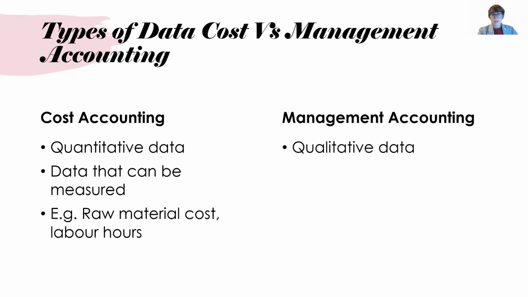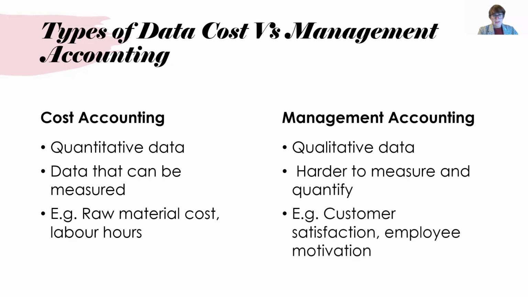So yes, it's going to include quantitative data, but it will also include qualitative data. It is harder to measure and it's harder to quantify. So examples here are going to include your customer satisfaction levels, your employee satisfaction levels, and also staff retention rates.